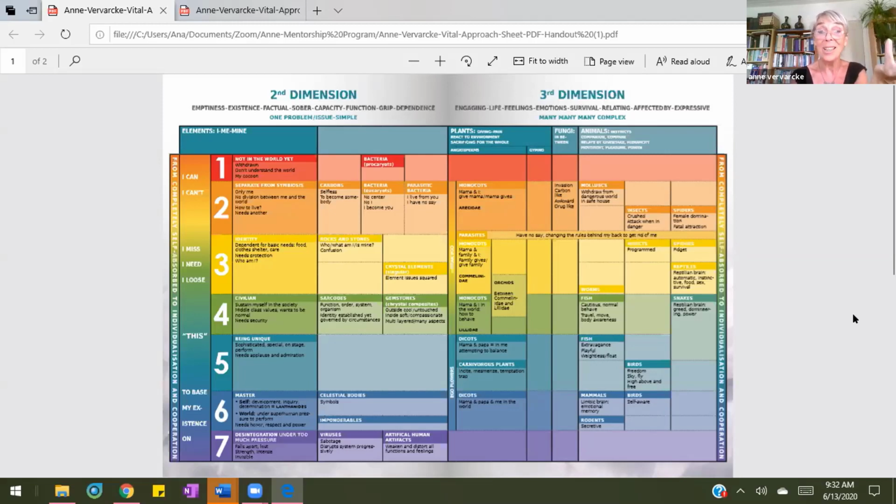They present their case and their complaints as a second dimension person, yet their issues seem to be third dimension. Third dimension issues are all about relationships, feelings, emotions, affections, so that you don't know which one to choose. But at least you can, in your case, conclude that it is a fourth row issue, that the issues belong to the fourth row.